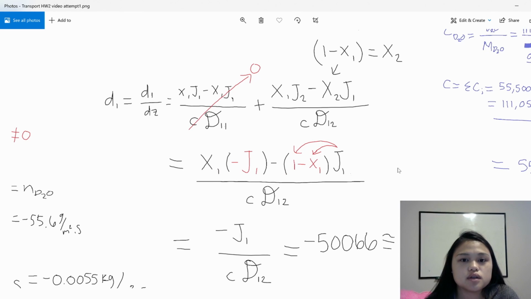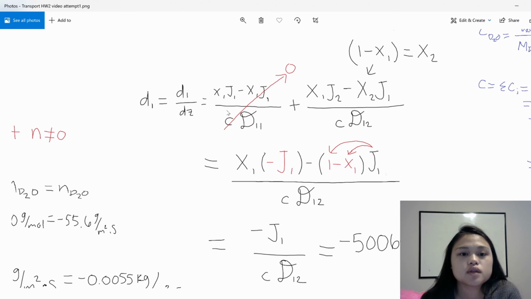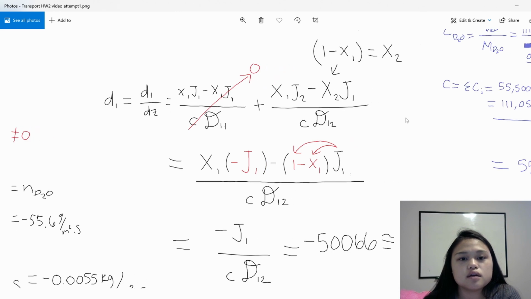So going back to the driving force equation, this goes to 0 for obvious reasons. The top cancels each other out, goes to 0, and 0 divided by a number is 0. Then we take the mole fraction for component 1 multiplied by the molar diffusion flux of component 2 minus the mole fraction of component 2 times the molar diffusion flux for component 1, all over the total concentration times the Stefan-Maxwell diffusivity.